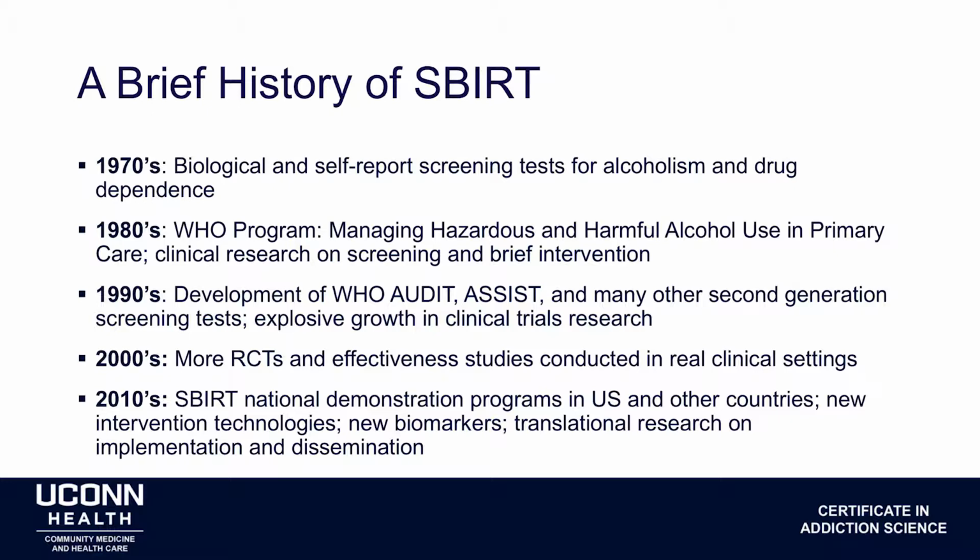And there have been many other second-generation screening tests that have been directed at different at-risk populations. Pregnant women, adolescents, the elderly. There are now 30 or 40 different types of screening tests which can be used to identify people at different stages of development of an alcohol or drug use disorder.